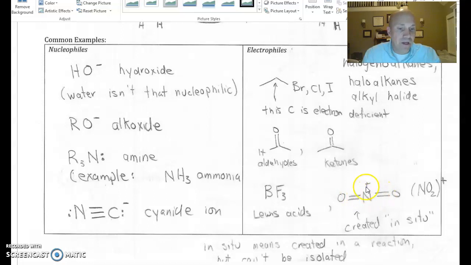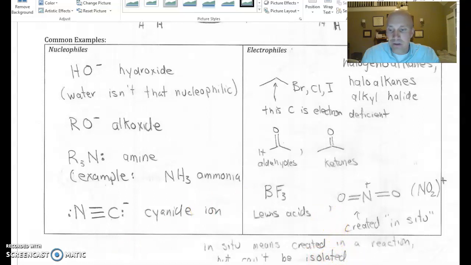The way this typically is made is you take nitric acid, which is NO3 plus, and you stir that in pure sulfuric acid. And when you stir those two chemicals together, some of this gets made. So yes, it's very useful, but again, you have to make it in a reaction in order to use it. Here, in situ just means it's created in a reaction, but it can't be isolated.